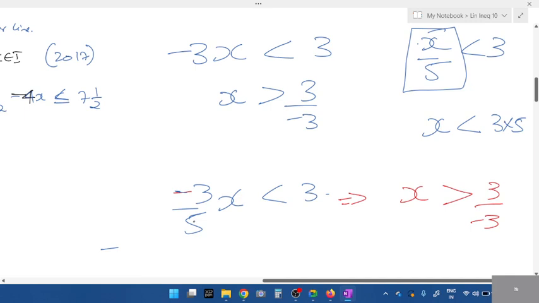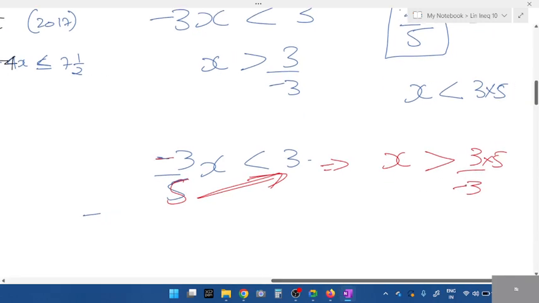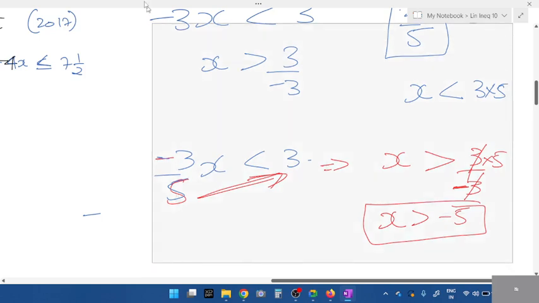First step is done. 5 is getting multiplied. 5 is a positive number, so just multiply like this. Okay, next. Minus 3 and minus 3, the 3 and 3 get cancelled, minus is still left. Denominator shouldn't have minus, so shift it to the numerator. X is greater than minus 5. This is the answer. Is this clear? All of you understood now?